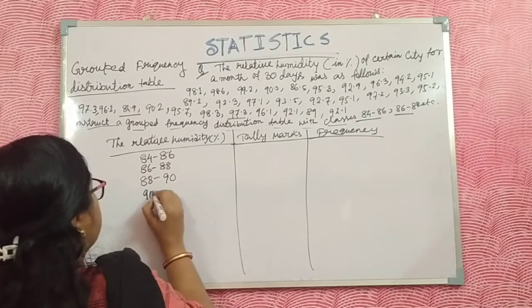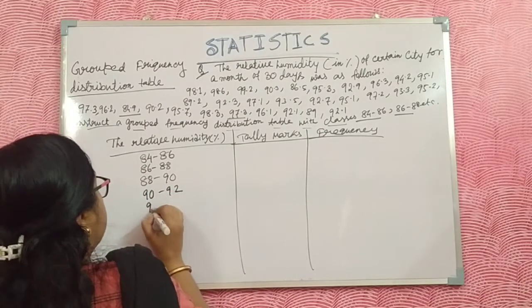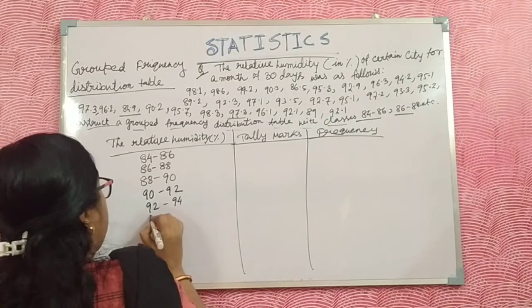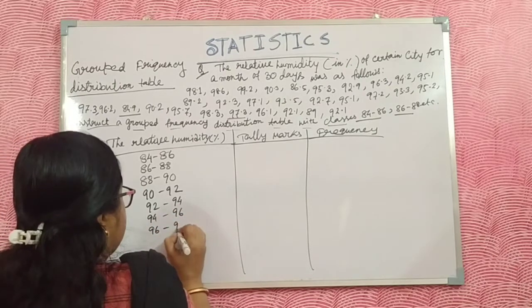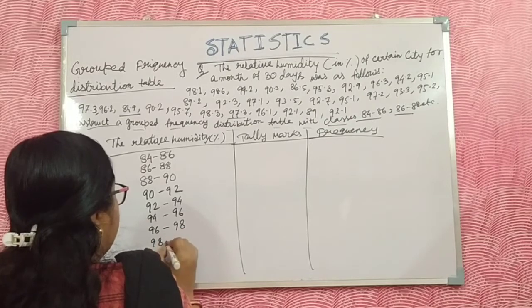Then 90 to 92, 92 to 94, 94 to 96, 96 to 98, 98 to 100.